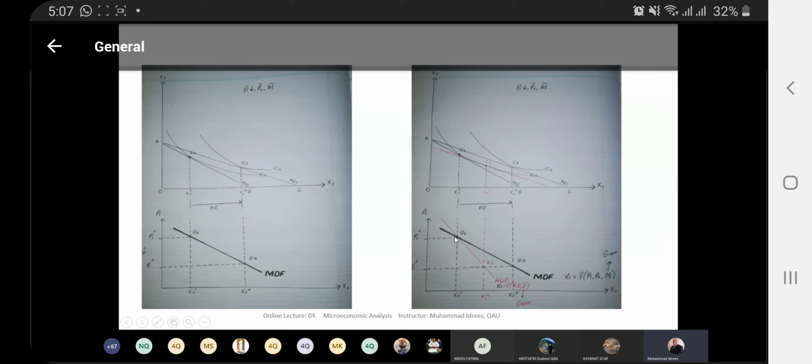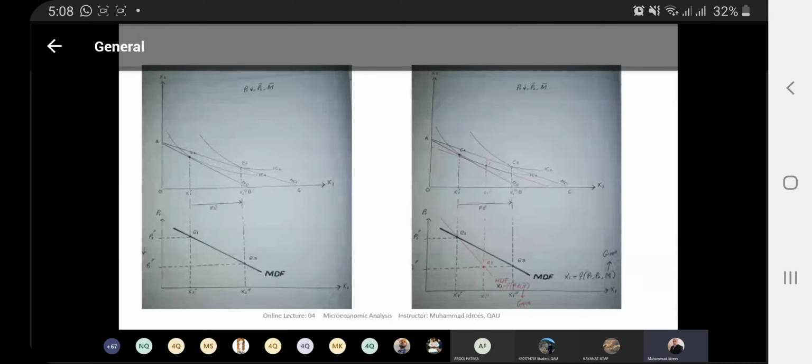That will be the case of an inferior commodity: still a negatively sloped Marshallian demand function, but steeper as compared to the Hicksian demand. And similarly, if this E3 point goes here beyond E1, then your Marshallian demand function will be positive. You have learned all these things. If required, then I can send you the figures.